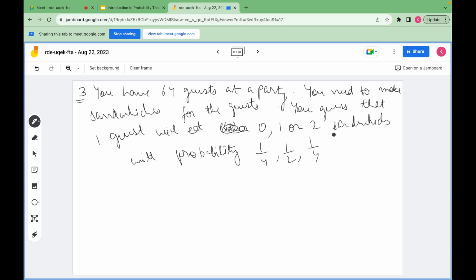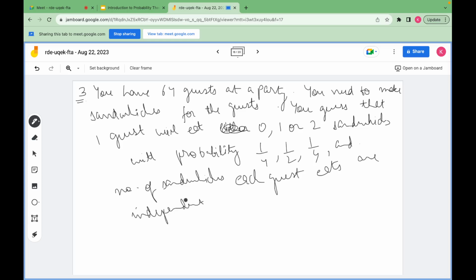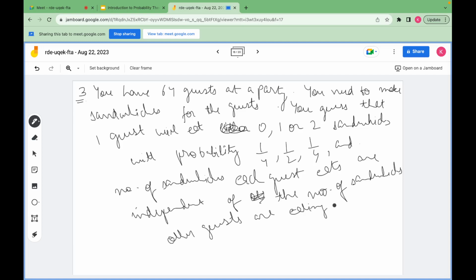And the number of sandwiches each guest eats is independent of the number of sandwiches other guests are eating.